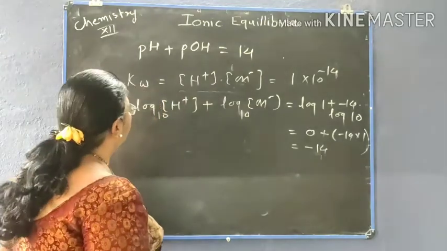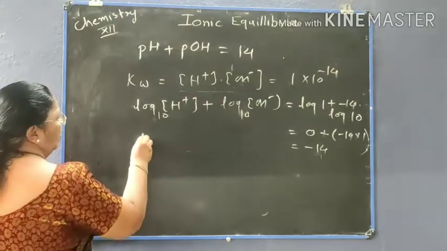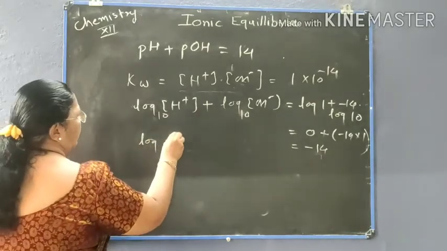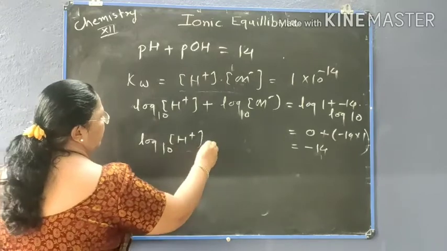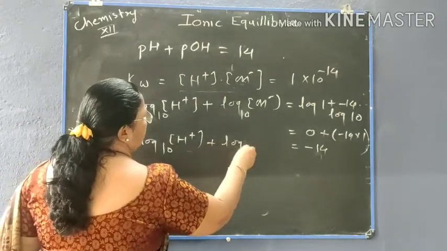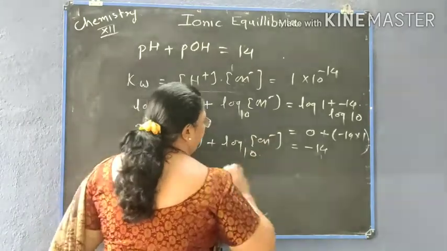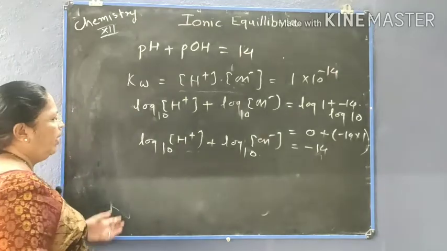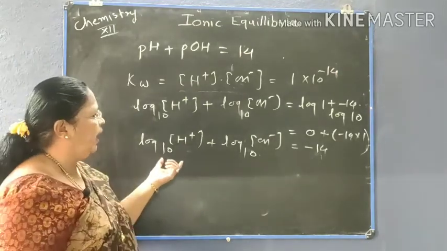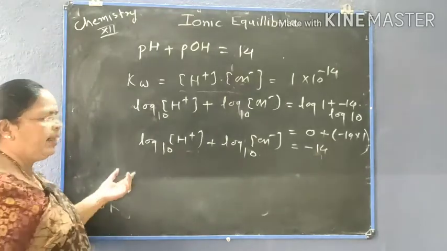Again reverse the sign here. The logarithm of the concentration of H plus ions to the base 10 plus the logarithm of the concentration of OH minus ions to the base 10 is equal to minus 14. Again reverse the sign, or multiply by a negative sign.